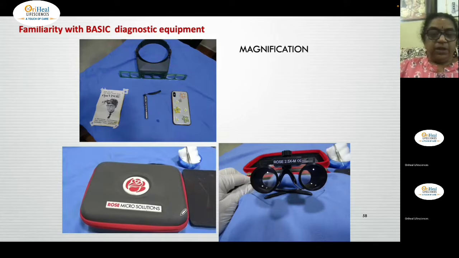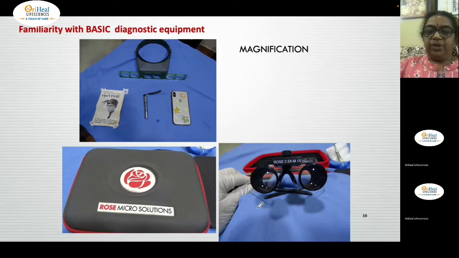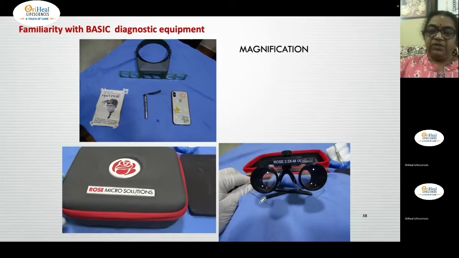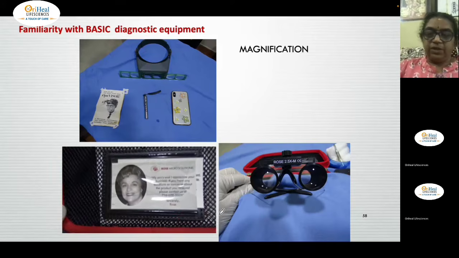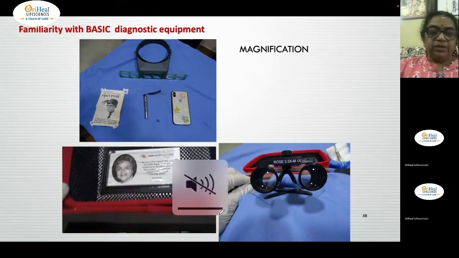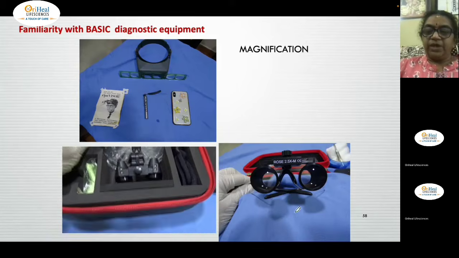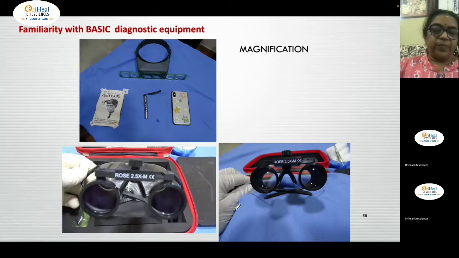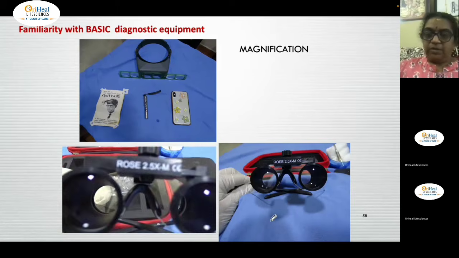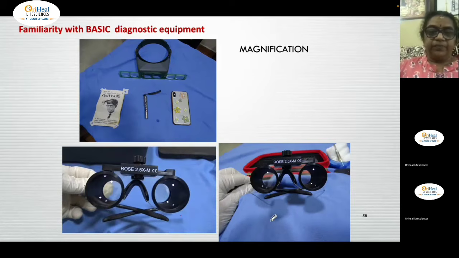Or you can also use binocular spectacles like this. These are all called binocular loupes. That will also help, but the only thing is the working field will be very small when you use a binocular loupe like this.